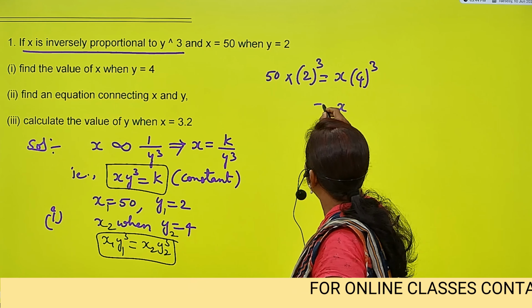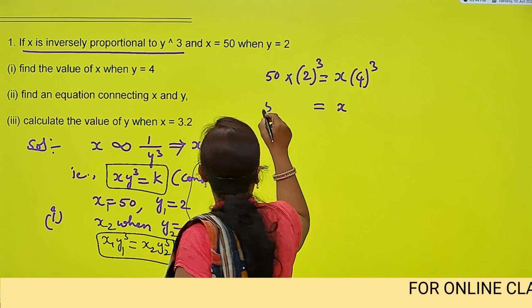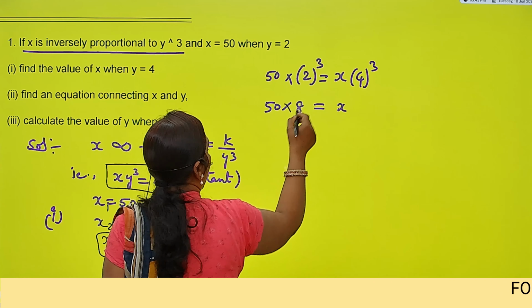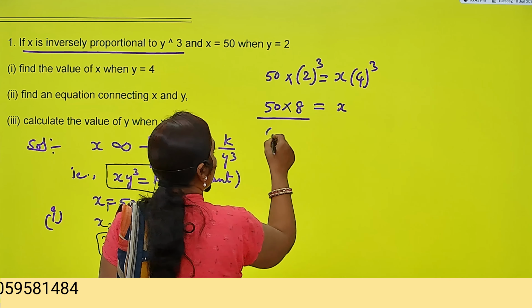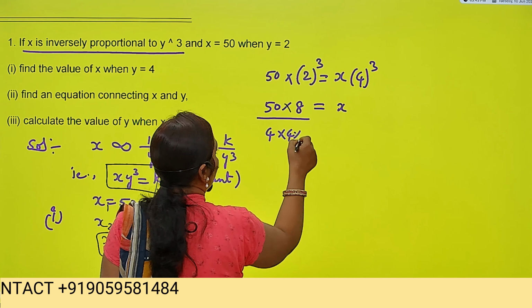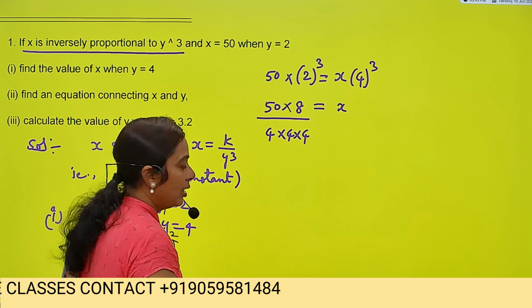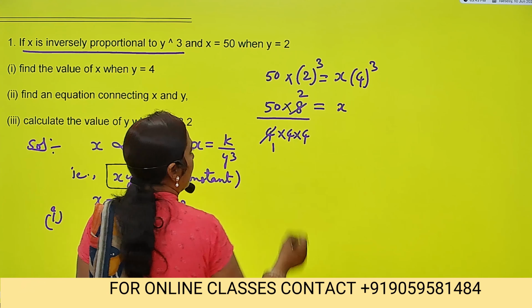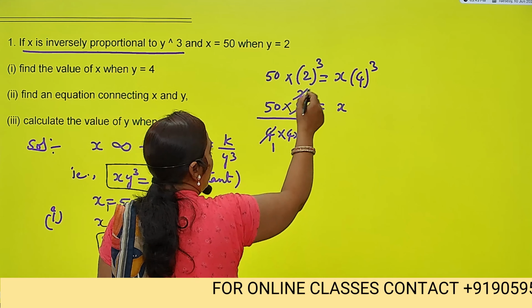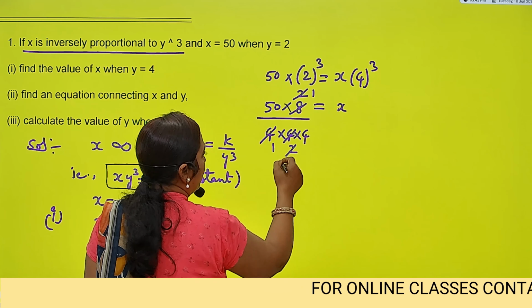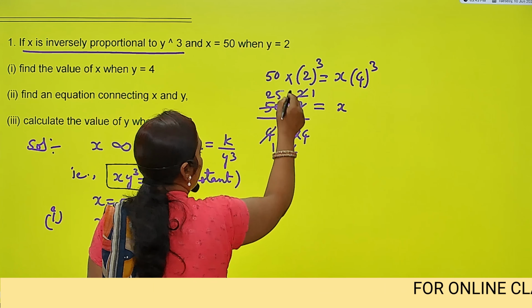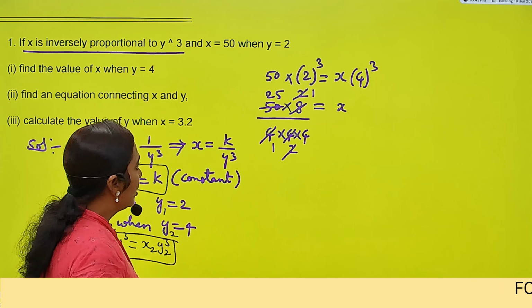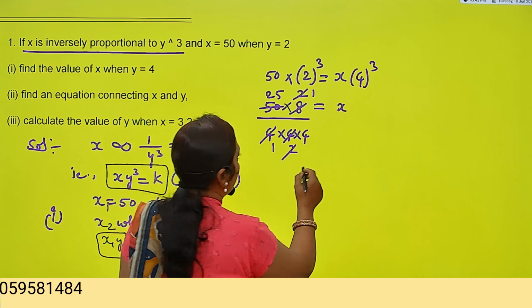So what is x? X equals 50, 2 cube is 8, 4 cube is the product of 3 times of 4. 4 ones are 4, 4 twos are 8, 2 ones are 2, 2 twos are 4, 2 ones are 2, 2 25s are 50. So what is the x value here?